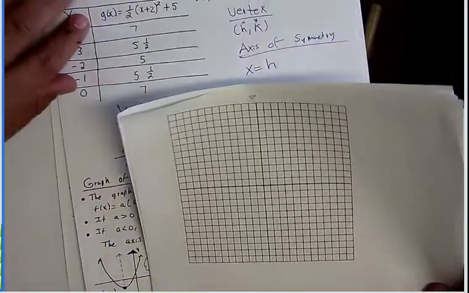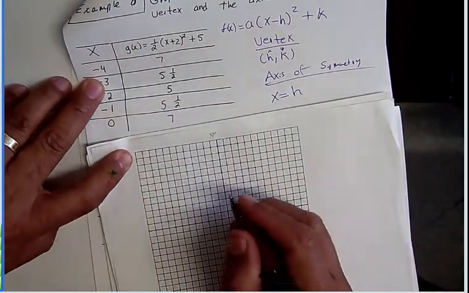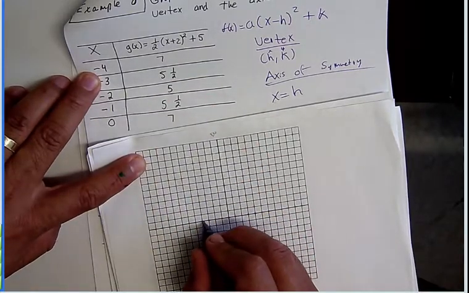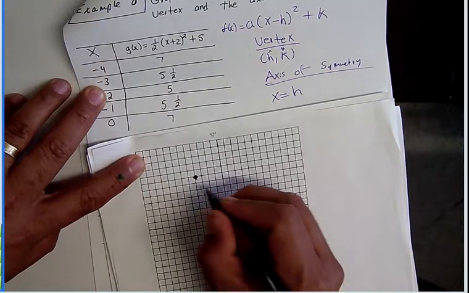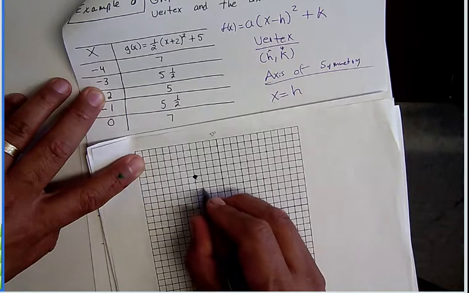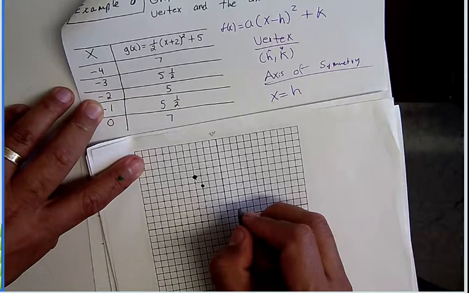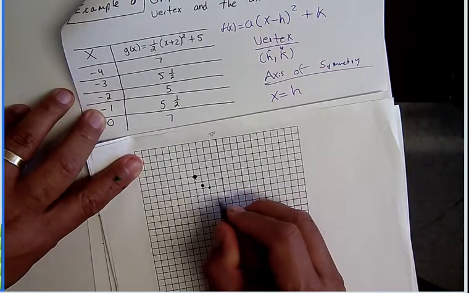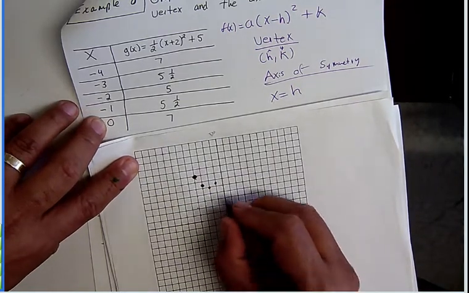That's it. If you guys want me to graph that one, let me see if I have space. If you guys are graphing this one, just find these values. -4, 7, -3, 5 halves, -2, 5, -1, 5 halves, and 0, 7.